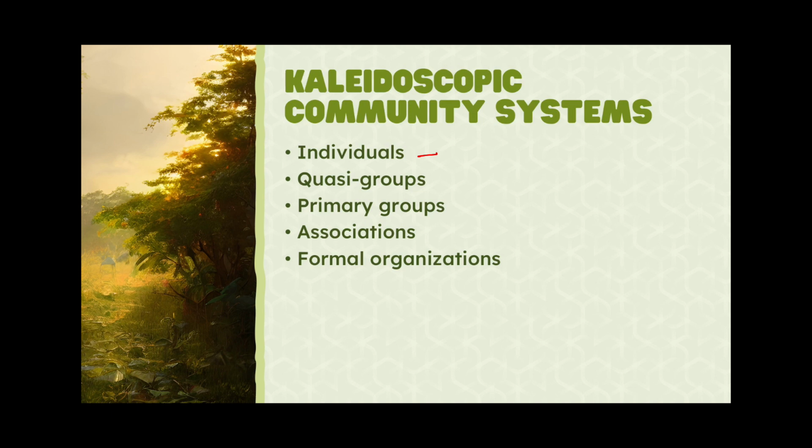So the argument in kaleidoscopic community systems thinking is that we have to think of a focal community system as being understood through identifying its various people, groups, associations, and formal organizations. So it's very important that you get to know sino ba yung mga nakatira dito.